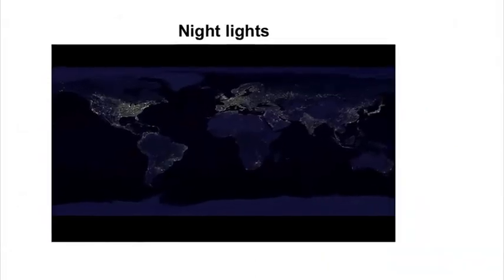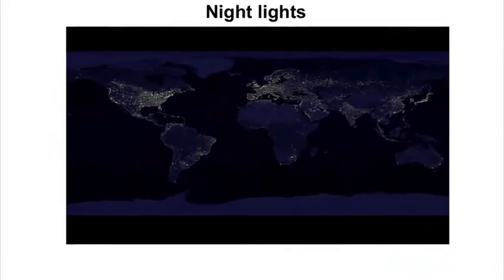And you can see here why night lights might be a measure that you could use to tell you about economic development. You can see that the areas where there's lots of lights are the areas of North America, Western Europe, Japan, and you can see regions along the coast of China, for example, as well.